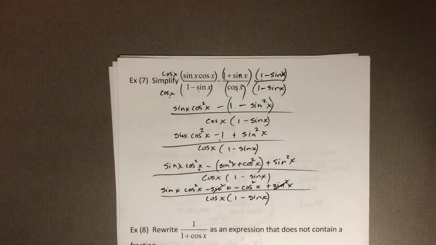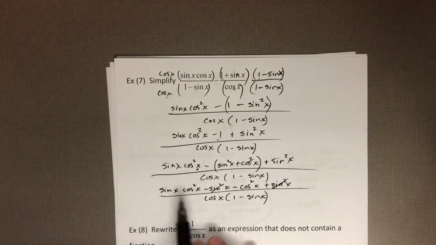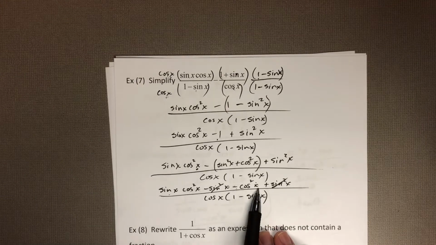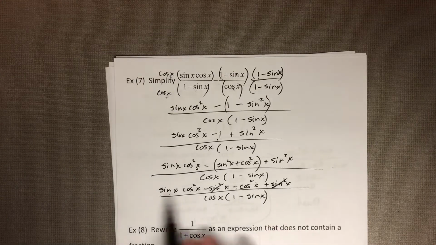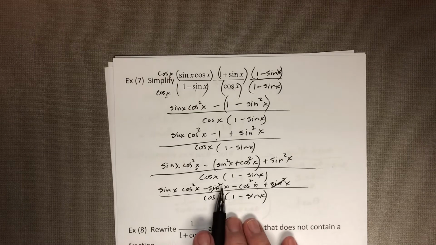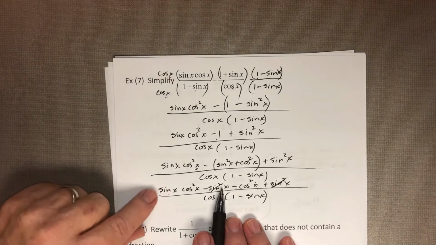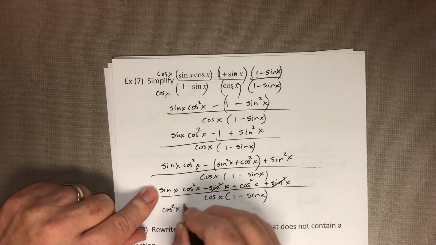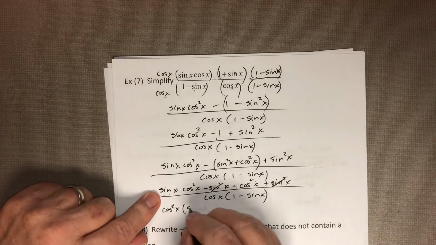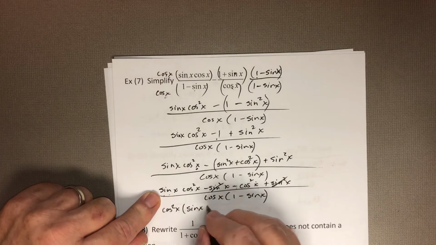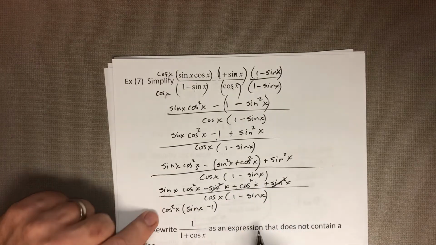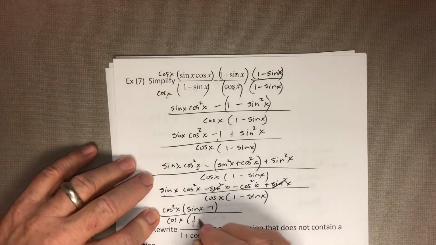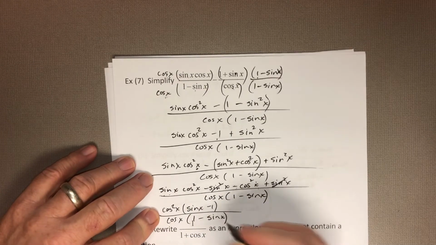What's left is the sine of x times the cosine squared of x minus the cosine squared of x. If you notice, the cosine squared of x is the common factor, so I'm going to factor that out of each of those two terms in that numerator. So the cosine squared of x times the sine of x minus 1, divided by the cosine of x times 1 minus the sine of x.